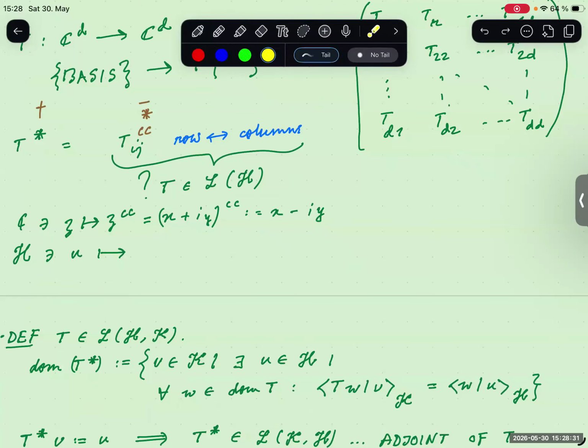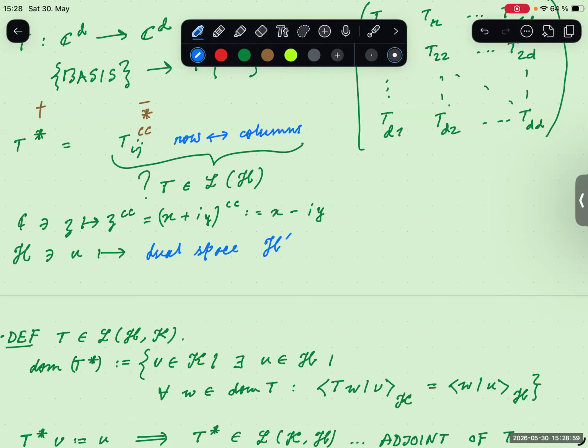So suggestion: dual space. Now, how do we define dual space? So we take an element in some other space. So let's call it the dual space.